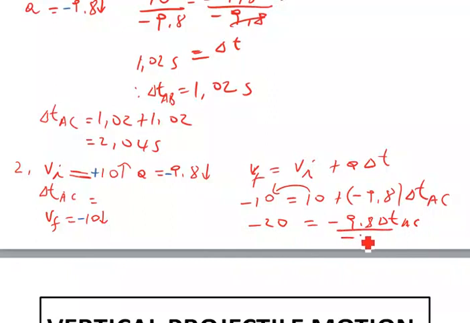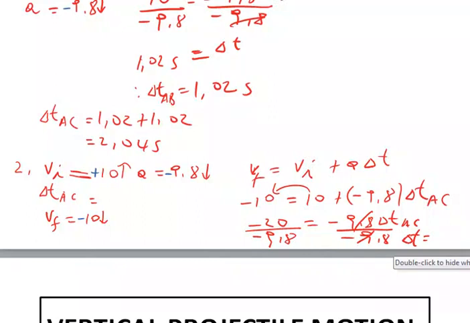Then we divide by negative 9.8. Then we get delta t, which is equal to 20 divided by negative 9.8.